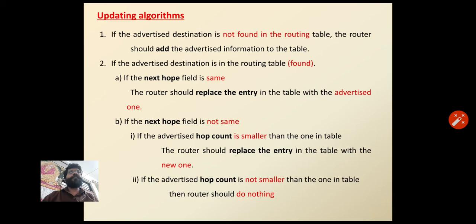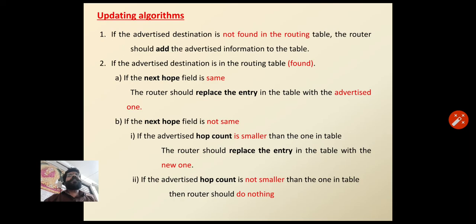If it is the same, the router should replace the entry in the table with the advertised one. If the next hop field is not the same, then if the advertised hop count is smaller than the one in the table, the router should replace the entry with the new one. If the advertised hop count is not smaller than the one in the table, the router should do nothing.